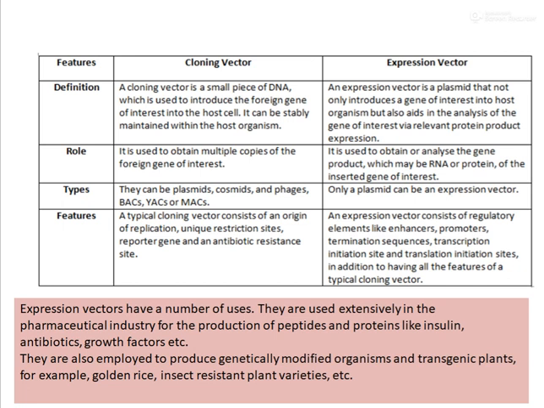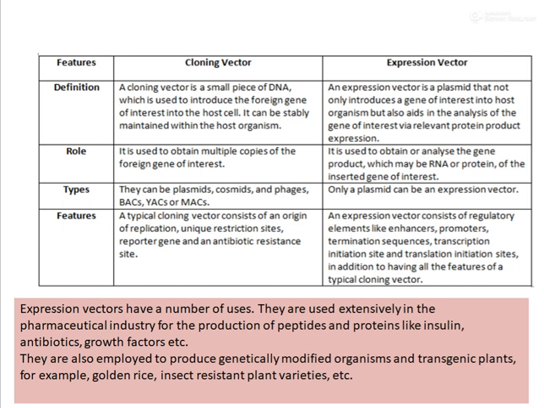A cloning vector is a small piece of DNA which is used to introduce a foreign gene of interest into the host cell, and it can be stably maintained within the host organism. But the role of an expression vector is not just to introduce a gene of interest into the host, but also to express the protein encoded by that gene so that it becomes expressed in the new host.